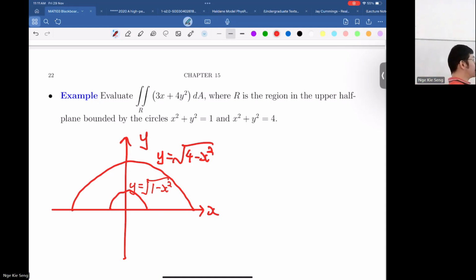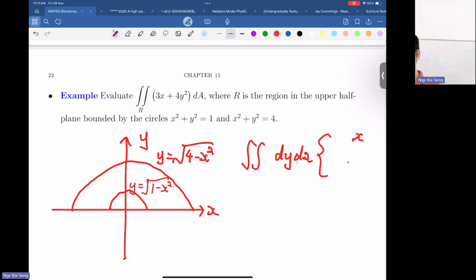Well, if you live in the dy dx world, what can you do? You choose your order. If you want to do dy dx, what do you need to fix? You need to fix your x first and then fix your y depending on x.